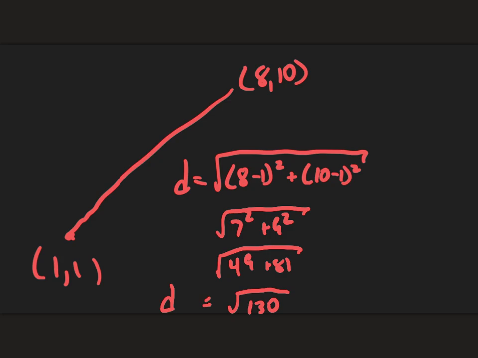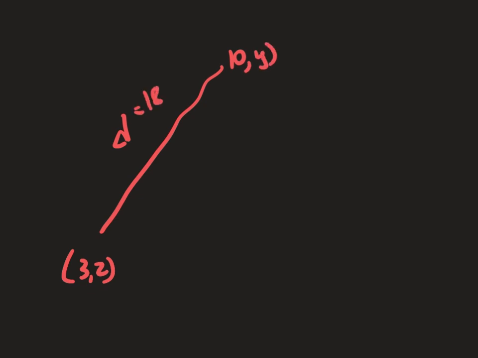Now, I could be given something different. I could be given the distance and be given 3, 2, and 10, y. Let's say I have a distance of 18. I could solve this by going 18 equals, I don't know, the square root of 10 minus 3 quantity squared plus y minus 2 quantity squared.